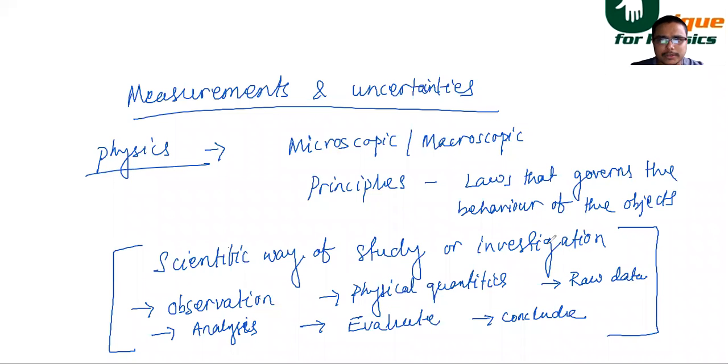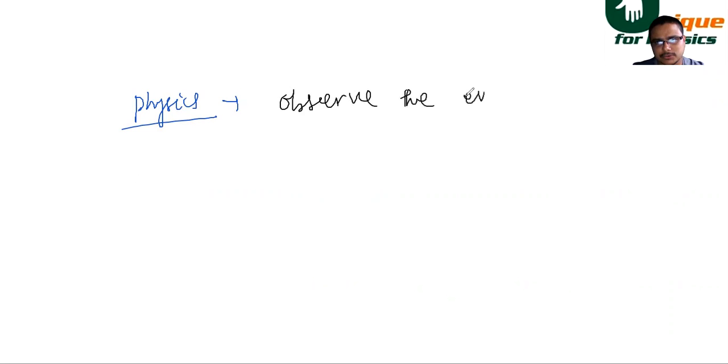The most important thing in physics, as we said, is observation. You need to observe a particular phenomenon. The first thing is to observe the event and identify the physical quantities. What do you mean by physical quantities?